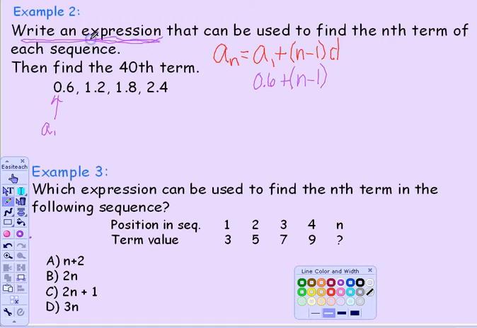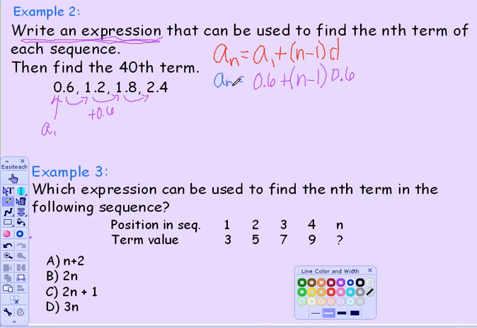I want to find what that equation is to find any term in the sequence. And the d value, we want to find what is happening in between each of these terms. So in this case, it's doing a plus 0.6. So that's a positive 0.6 for our d value. So this is our general equation.